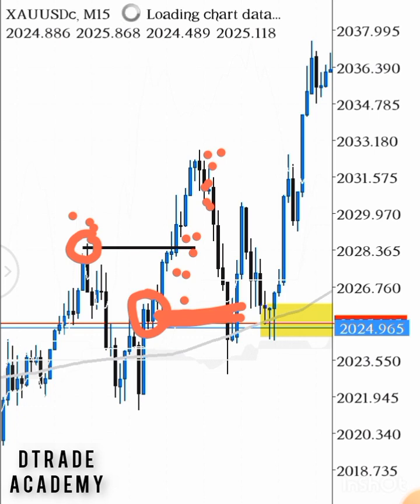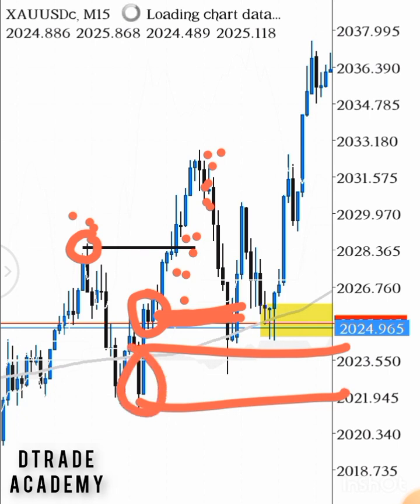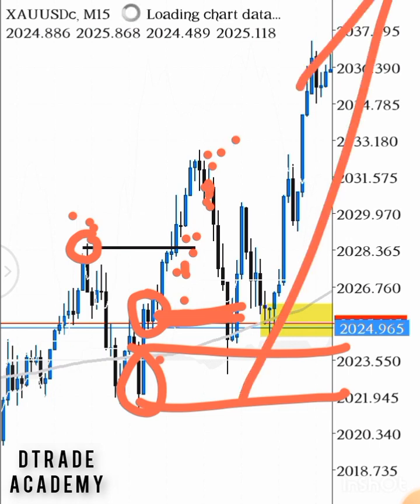So when they have done that, they will now tap into the true order block, which is the last candle here before this long push, and then do what? They will buy. They will push the price up.